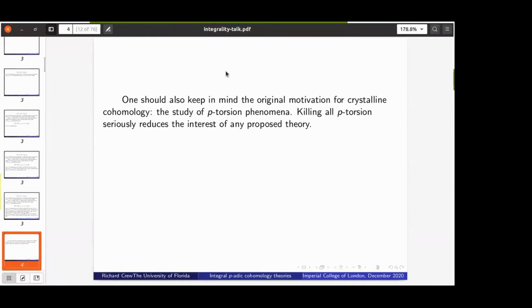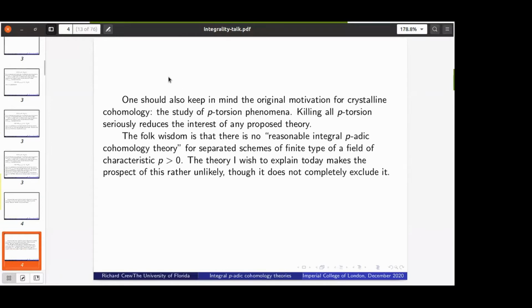And you have to keep in mind the original motivation for crystalline cohomology, which was the study of p-torsion phenomena. So if you have some proposed cohomology theory that involves killing all p-torsion, this seriously reduces its interest. The folk wisdom is that there is no quote-unquote reasonable integral p-adic cohomology theory for separated schemes of finite type over a field of positive characteristic, where the p here and the p there are the same.